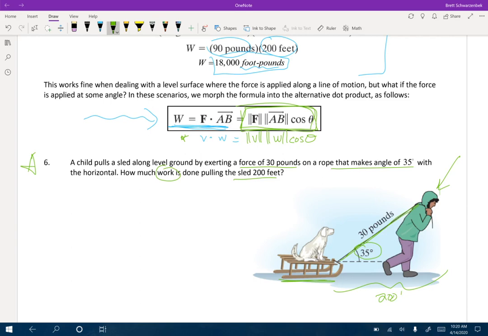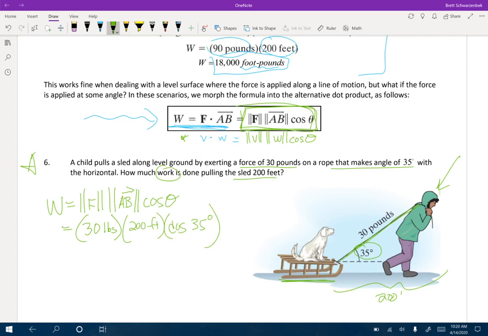The work calculation is going to be the magnitude of the force times the magnitude of the distance you must travel times the cosine of theta. The magnitude of the force is given as 30 pounds. The distance traveled must be 200 feet. And you're multiplying that times the cosine of the angle that it makes with the ground.